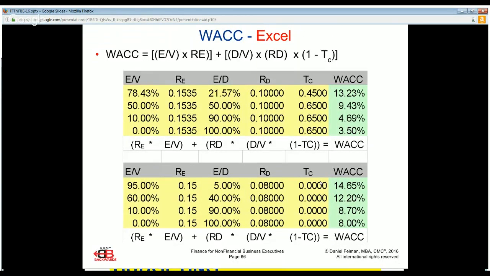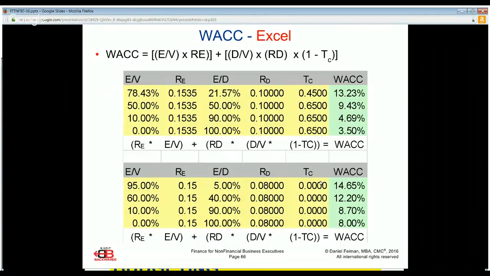That's your first quantity on the left. Then the percentage of our capital provided by debt, oh, I see we have an error there, we'll fix that, is 21.5%, and the cost of debt is 10%, that's your R sub D, and then the T sub C, the tax rate, is 45%.